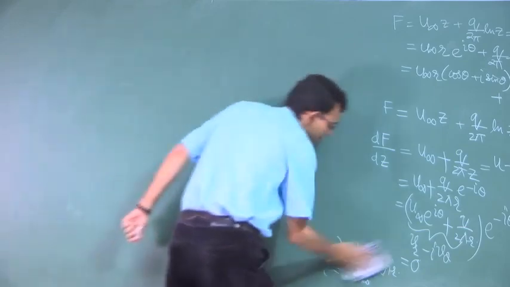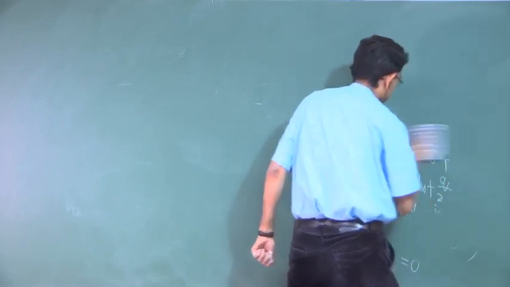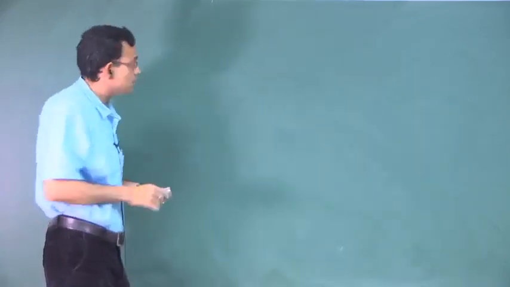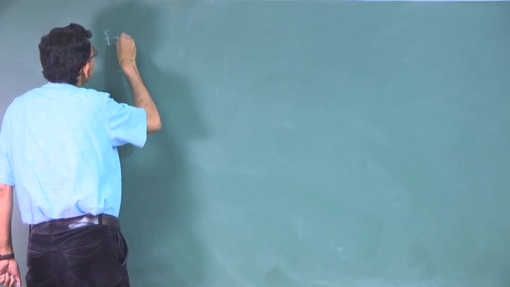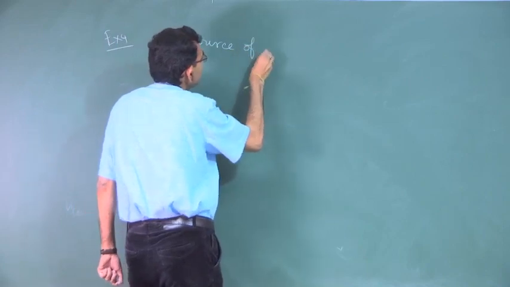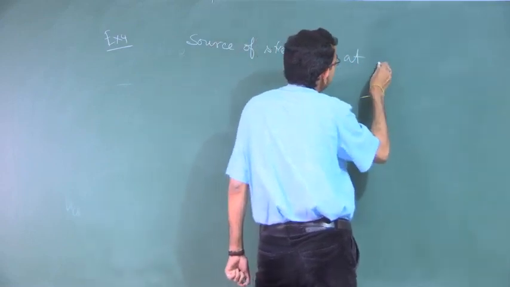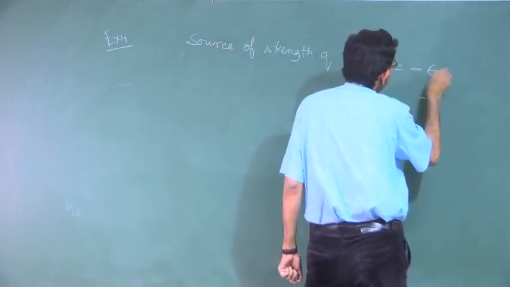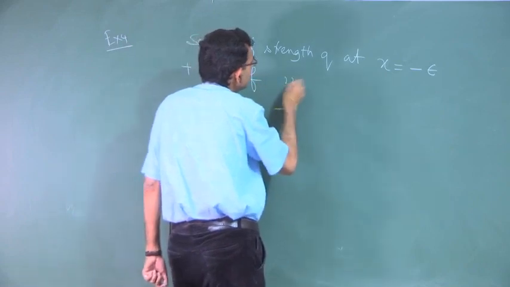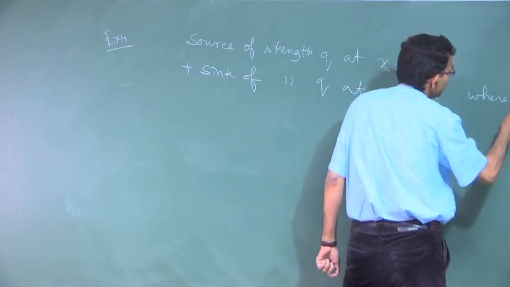So, this was example 3, we will consider example 4. Source of strength Q at x equal to minus epsilon plus sink of strength Q at x equal to plus epsilon, where epsilon tends to 0.